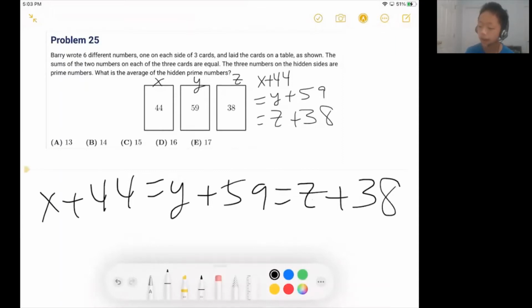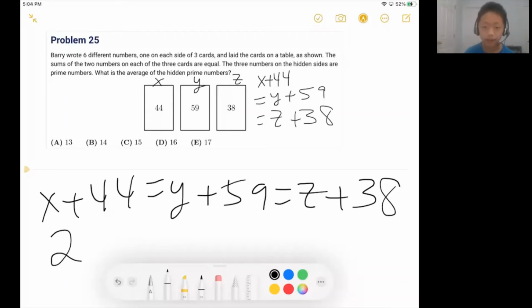So the idea is, a lot of these prime number questions, especially on the AMC 8, a lot of the times you want to look at the number 2, because 2 is a very special prime. And the reason 2 is special is because it's the only even prime out there. Out of the infinitely many primes out there, 2 is the only even prime.